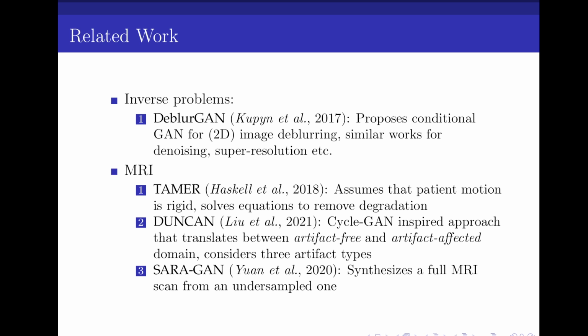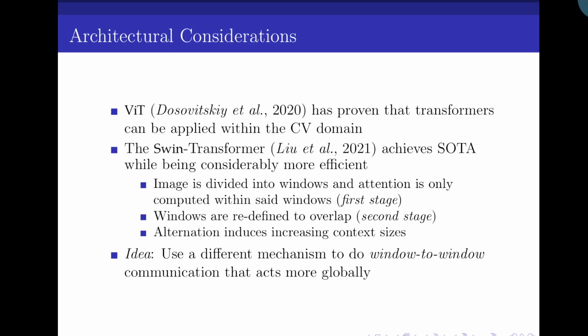They are inspired by CycleGAN, and they define an artifact-free and an artifact-affected domain and translate between these two domains. This work is, however, slice-based and undoes 3 artifacts. SARA-GAN is synthesizing full MRI scans from undersampled scans, and these undersampled scans are often cheaper to get, and they also don't take as long. So this is why this is an interesting task as well.